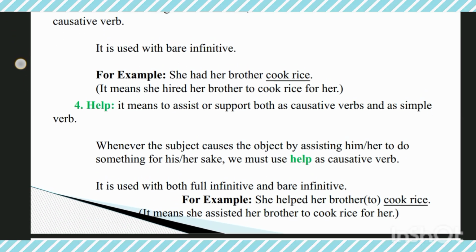It is used with both a full infinitive and a bare infinitive. For example, she helped her brother to cook rice. It means she assisted her brother to cook rice for her.